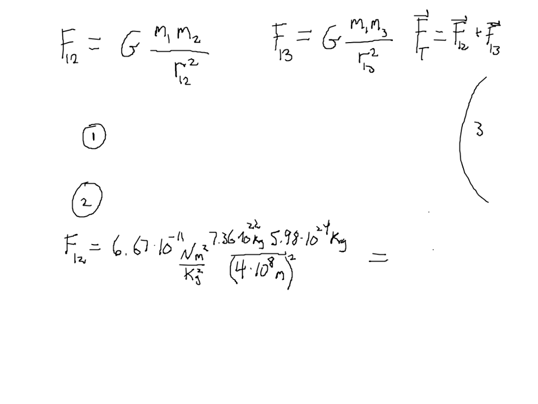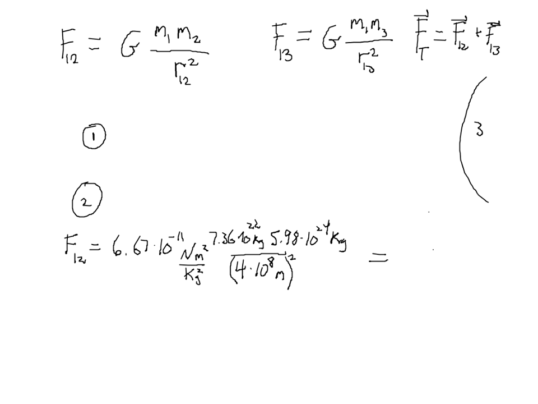So we have 7.36 times 10 to the 22 times 5.98 times 10 to the 24, which gives me 4.4 times 10 to the 47. Multiply that by 6.67 times 10 to the minus 11, giving us 2.94 times 10 to the 37.